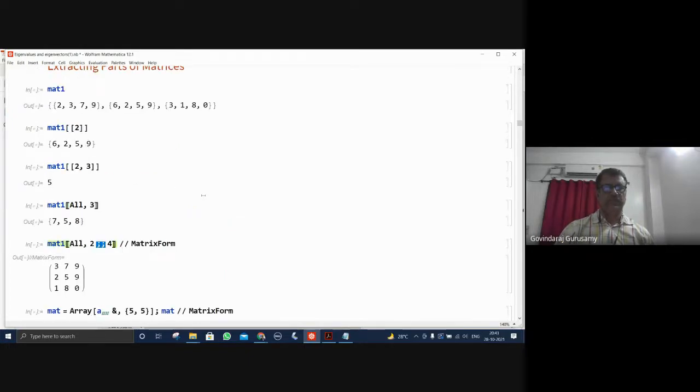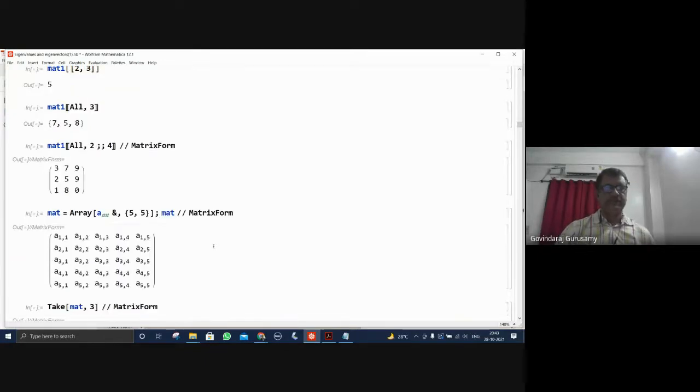So it starts from 2, 3, 7, 9, okay, 2, 5, 9. This one is 3. 180 is this. So that's what the meaning of this. Mat 1, all 2 semicolon and 4. So that's how this number is operated.